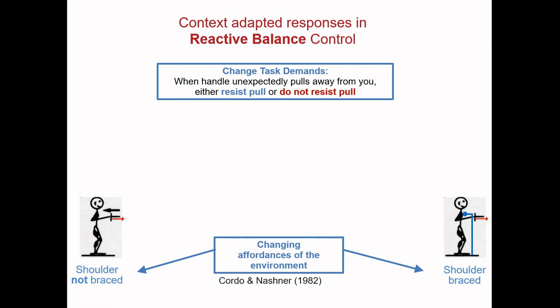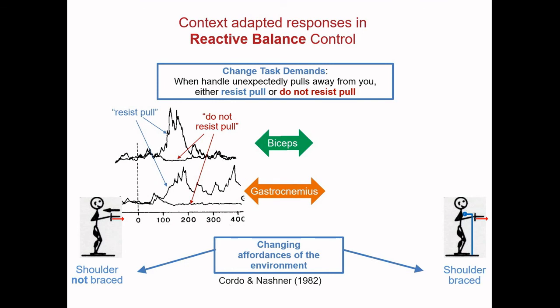Given our current goal of understanding how the control of balance is adapted to the context in which that balance control occurs, we can think of this experiment in general terms. First, we're looking to see if the organization of reactive balance that we're looking at here can be adapted to changing task demands. Next, we're looking to see whether a change in the affordances of the environment will change the organization of reactive balance.